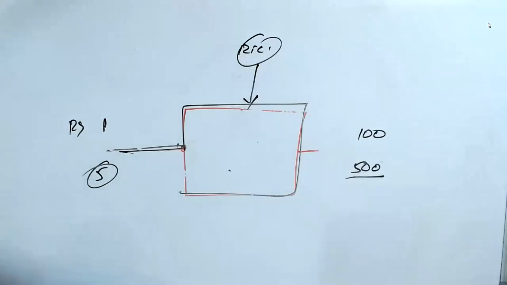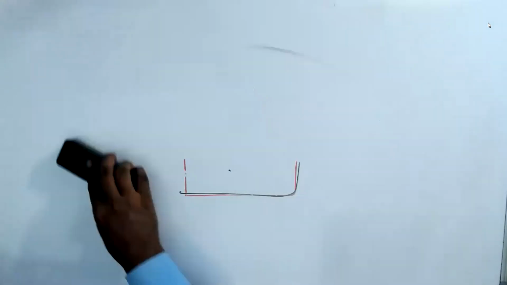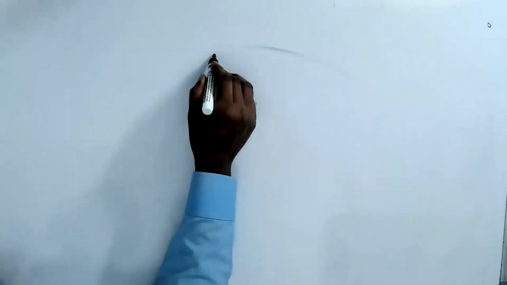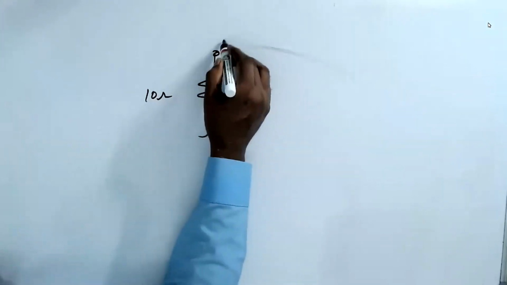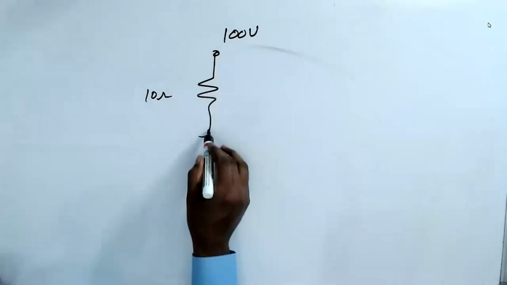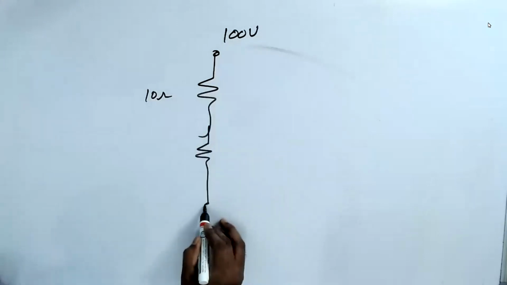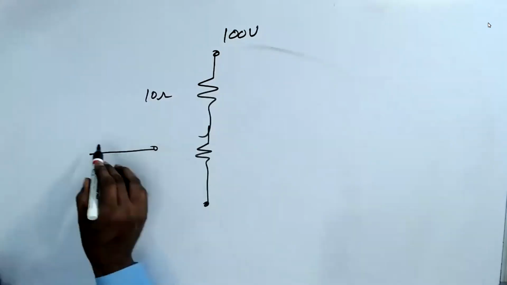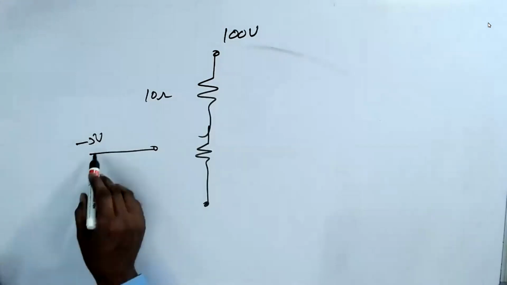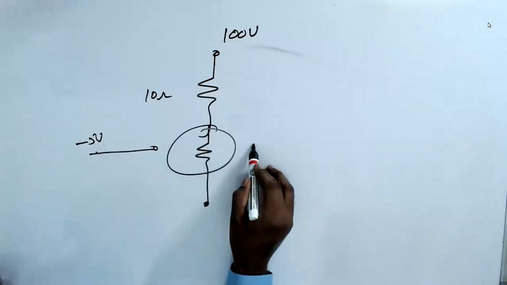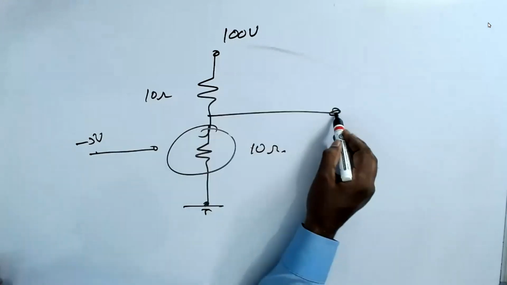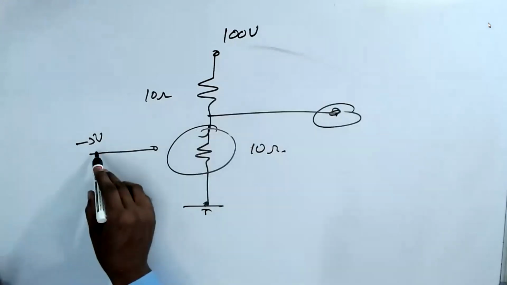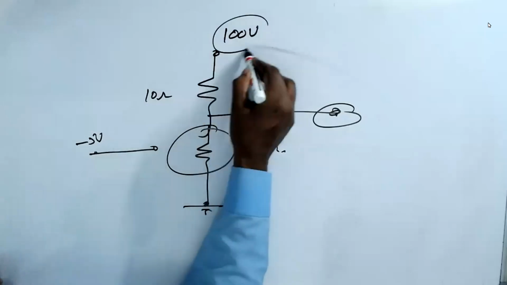Now in your case, understand here, there is a resistor of 10 ohm. Your power supply is giving 100 volt. And here you are giving minus 5 volt. The minus 5 volt is changing the resistor. But the voltage given here is not this voltage, actually it is this voltage.